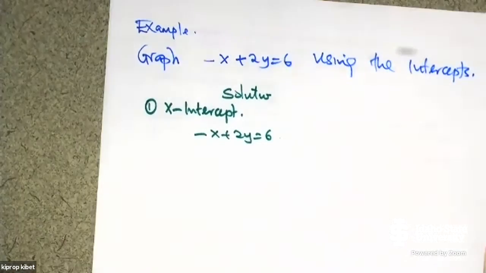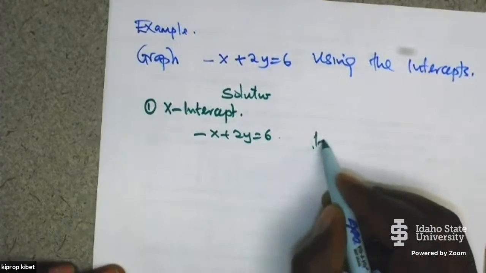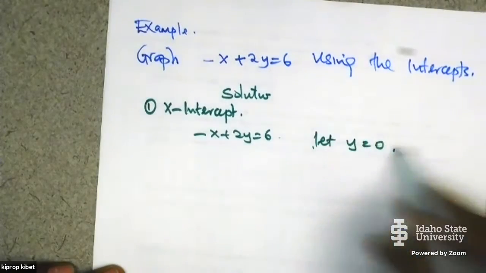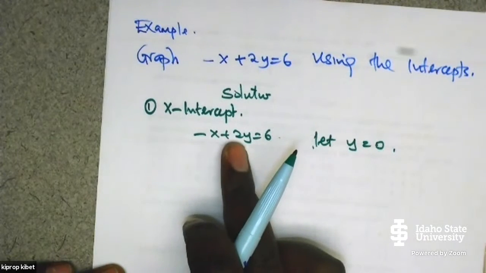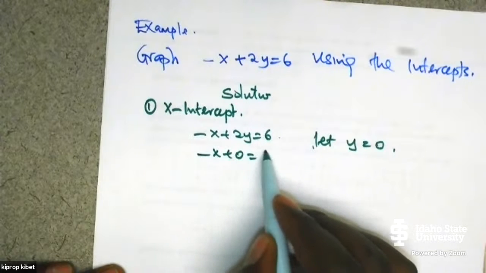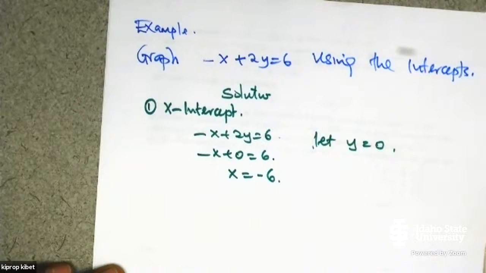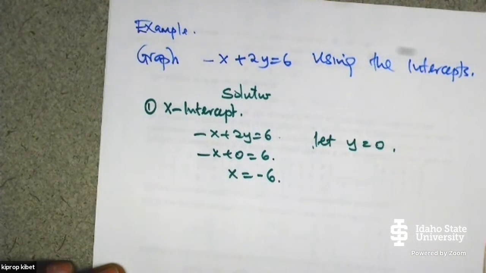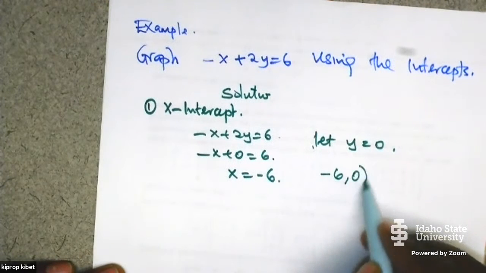So what is our x-intercept? You let y be equal to 0. When you let y be equal to 0 here, what will be x? Our x equals minus 6. Our coordinate will be (-6, 0).